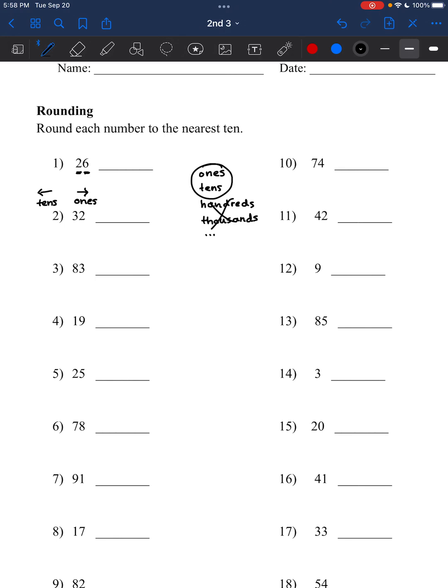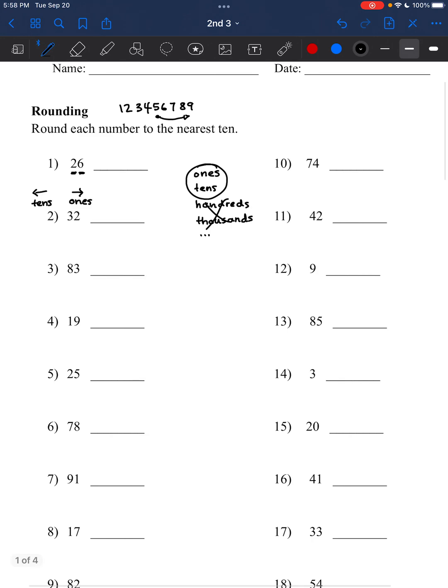So if it wants us to round to the nearest 10, so let's look at this. 1, 2, 3, 4, 5, 6, 7, 8, 9, and we'll stop at 9. So if it's 5, if it's this number or greater, then you round it to the next number. So in this case, this is 6, right?